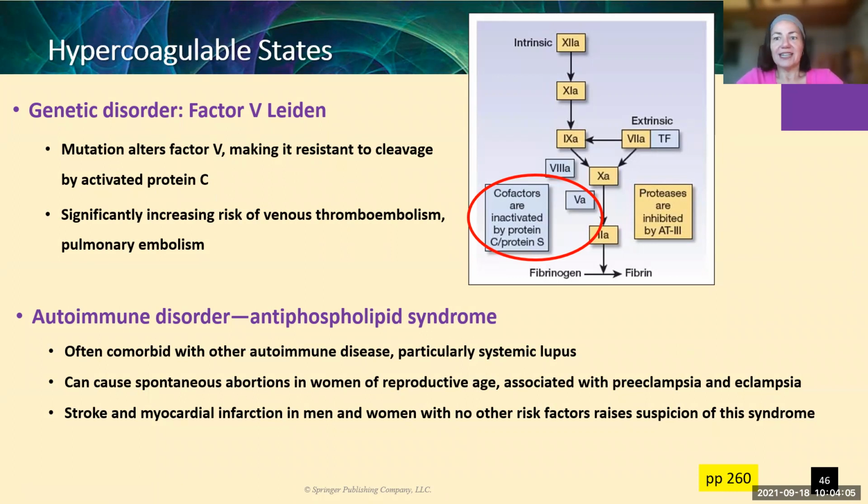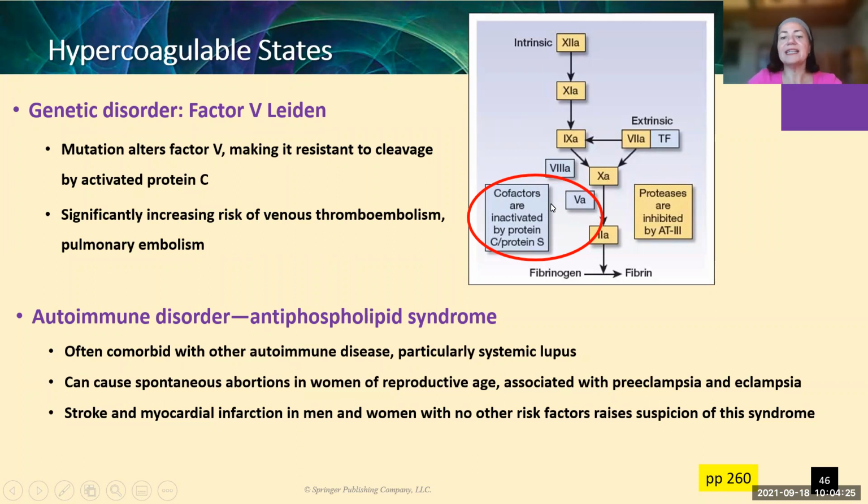This mutation allows factor V to keep working as far as clot forming goes. It absolutely does its job as part of this cascade. The trouble is, it's a cofactor, in blue.